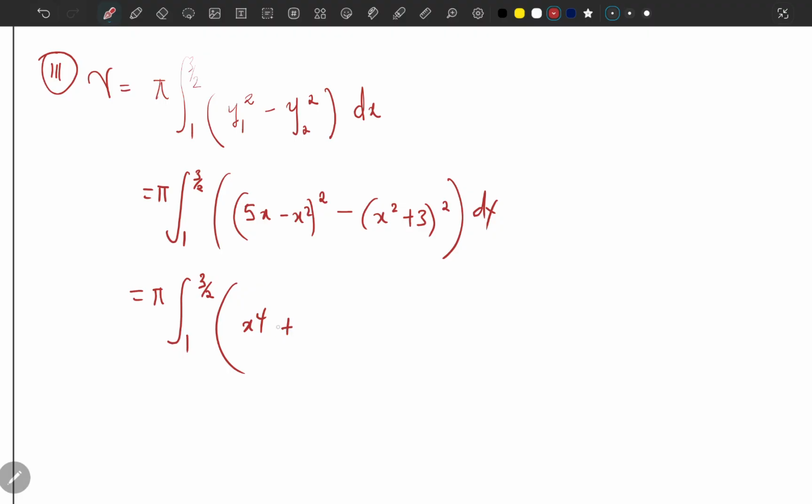Double it, you get 10, minus 10 in fact. You get minus 10x cubed. Then this by that, twice of it, so that will be 25x squared minus, square this again.